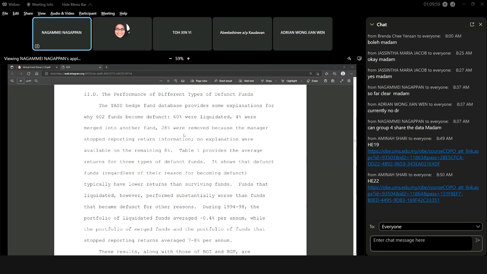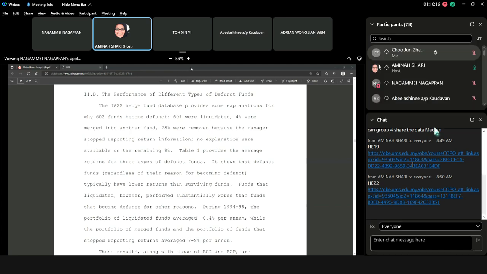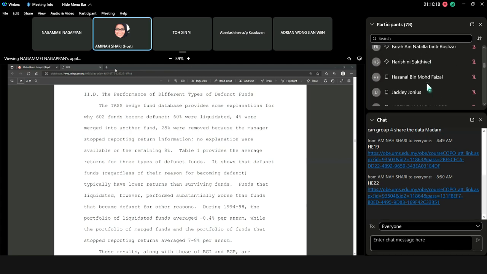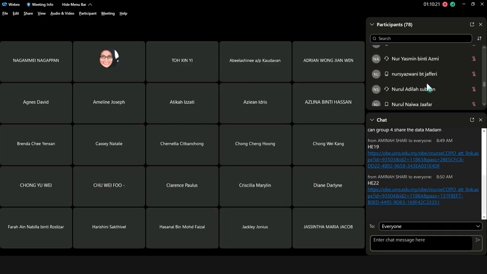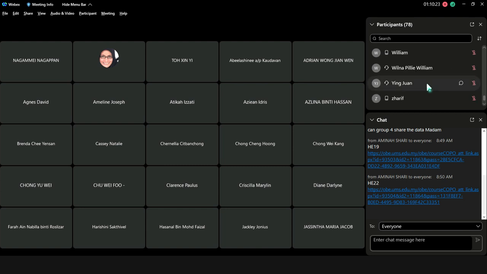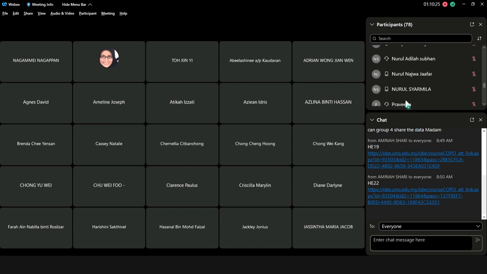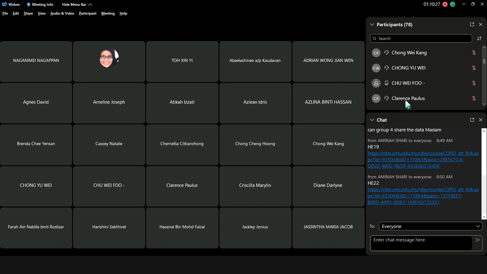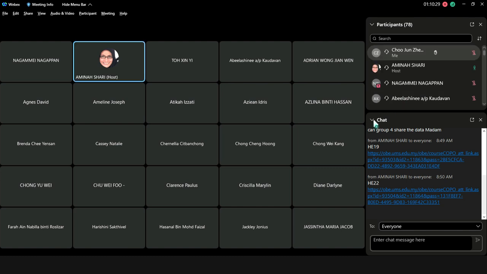Ada ke kat sini you punya member datang tak? Ada, madam. Okay. Group Nagame yang available, ada tak you cari artikel yang related to your topic? Boleh tak you share dekat sini so I guide you dekat mana nak dapatkan data tu? Nagame group. Kalau tak ada, I stop and I open for any other group.